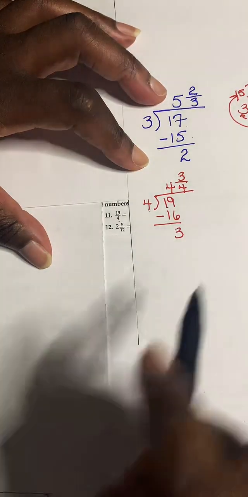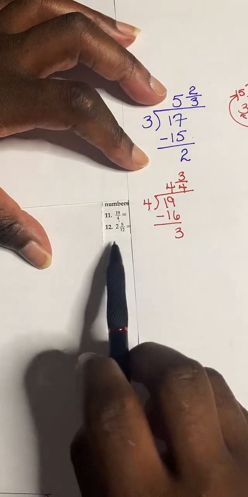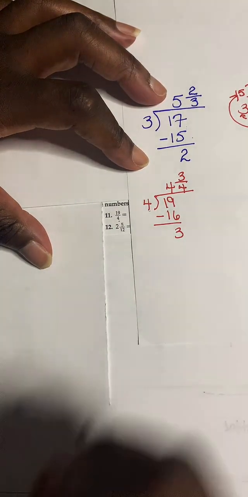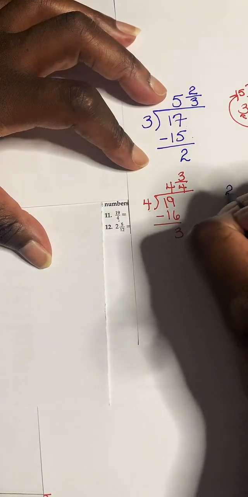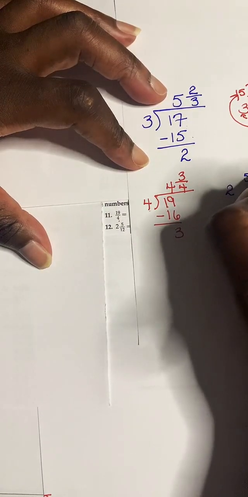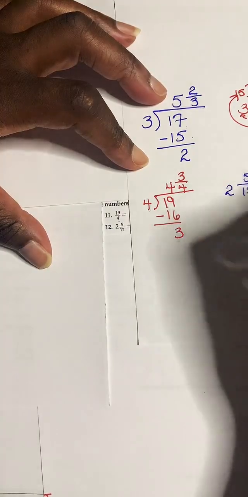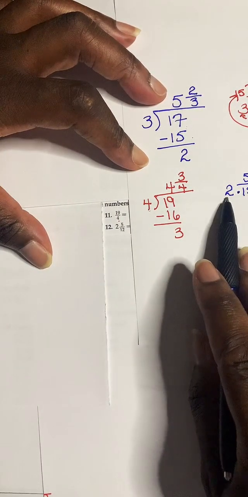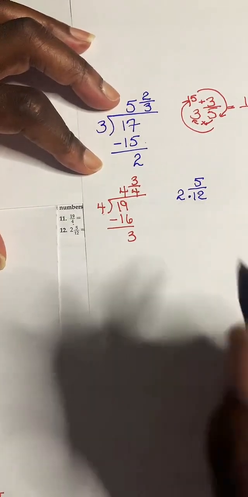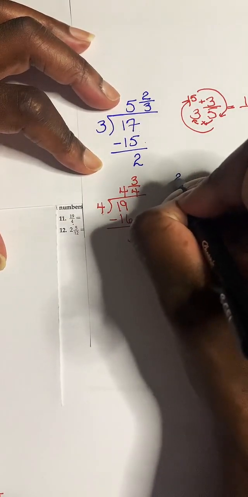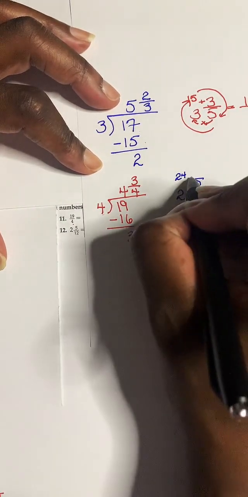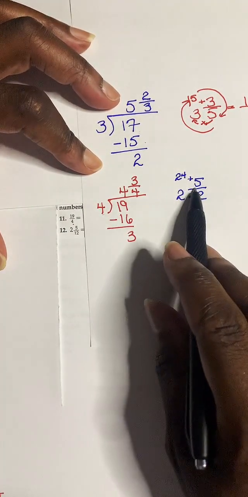All right? Excellent. So now we want to transfer this. Get my pen. So we have our 2 5/12. So remember, we're going to multiply the denominator with the whole number. So that gives us 24. So now we're going to take that answer of 24 and add it to that numerator.